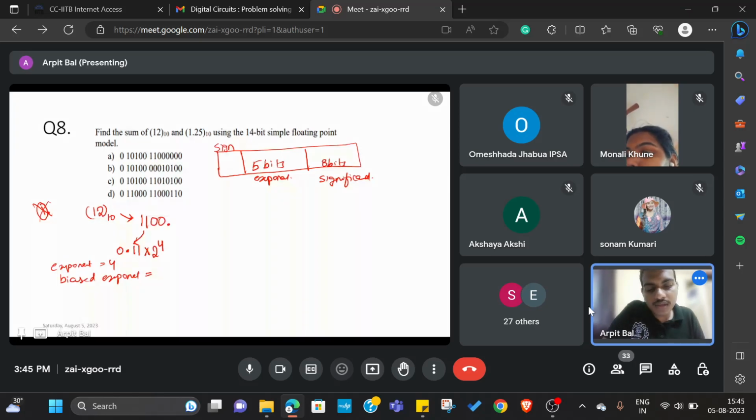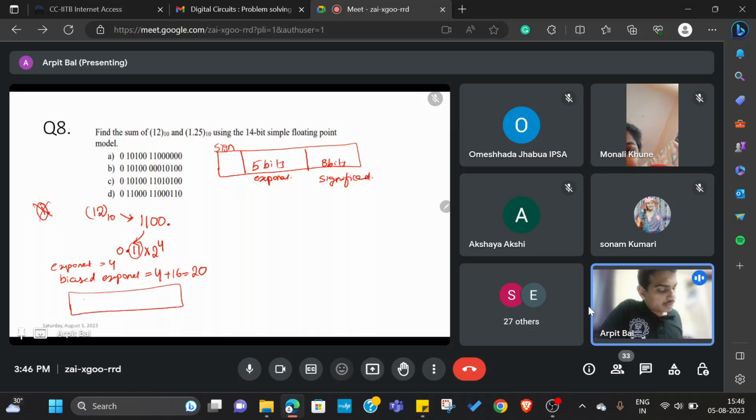You can define your own standard and do it, but to have uniformity across various works, we follow this particular standard. So whenever someone says it is simple floating point, you need to add 16 to the exponent to get the biased exponent. Here 4 plus 16 equals 20, and whatever value is present in the remaining bits is our significand.